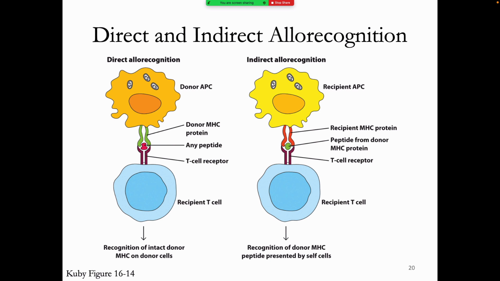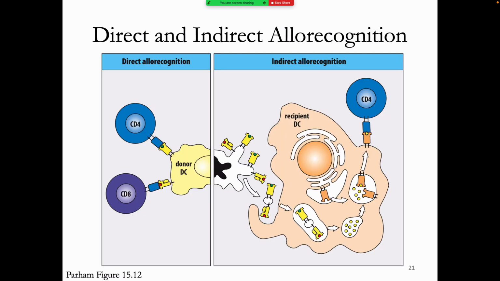You can also see direct allorecognition on the left side of this. The idea here is that our donor cell will be presenting on its MHC. The donor cell, note, is yellow and its MHC is yellow. It's presenting some random peptides to the T cells.